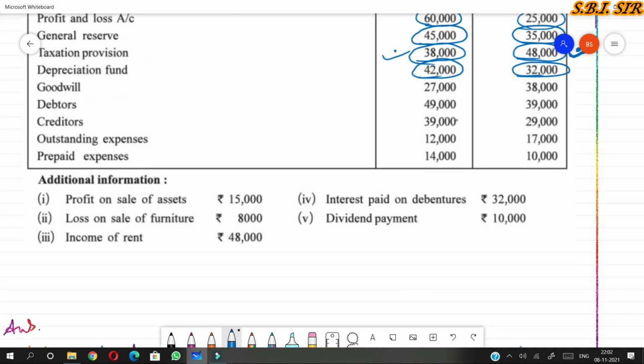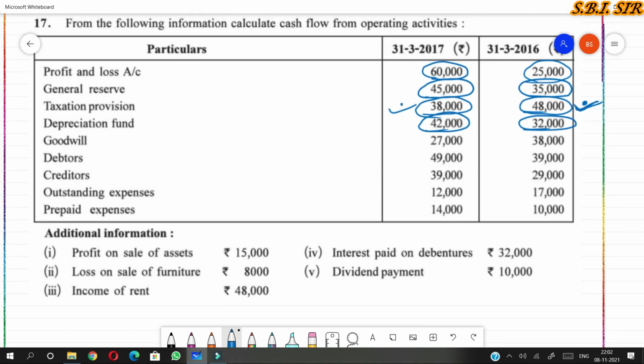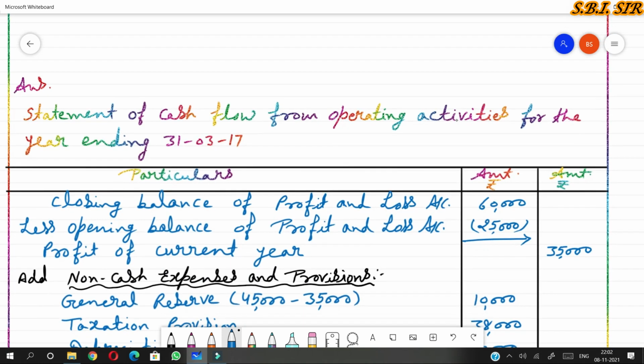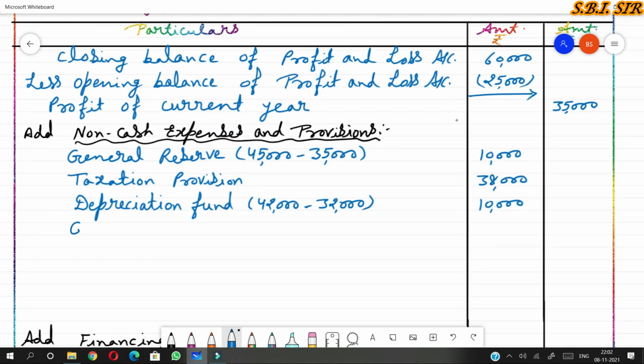Next, goodwill. Opening balance is 38,000, closing balance is 27,000, meaning written off. Goodwill written off: 38,000 minus 27,000. We will get 11,000.